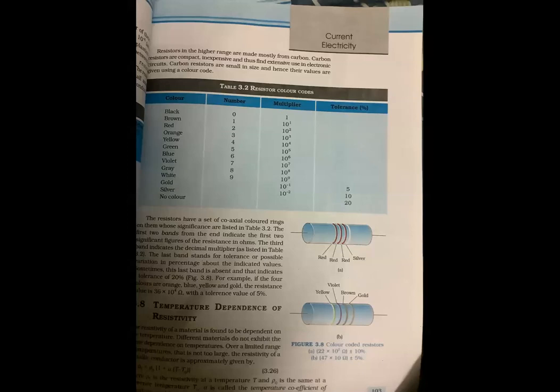The first two colors represent the two digits. Red means 2. The third digit represents the multiplier. If the third digit is also red, the multiplier is 10 power 2. And the fourth color code represents the tolerance.